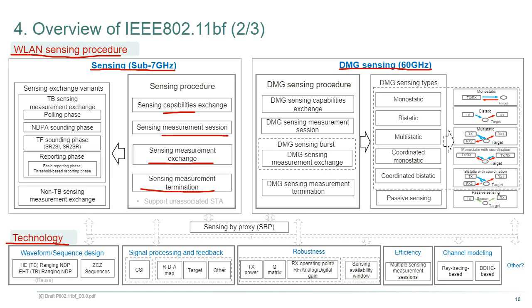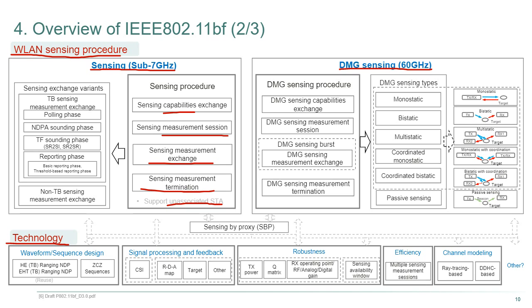We can do explicit termination, or we can do implicit termination. Also here, I mark some notes that we can also support unassociated stations to participate in the sensing procedure, which is useful for network sensing.